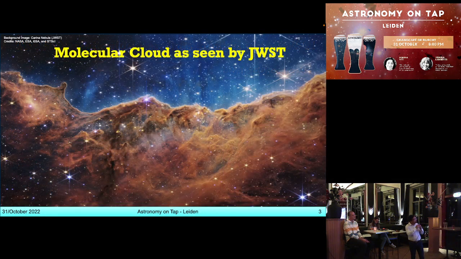Alright, so let's look a little bit bigger now. This is a very beautiful image from James Webb in different filters, different wavelengths. What we're seeing here are stars, and then these small points that are stars being formed in this molecular cloud.